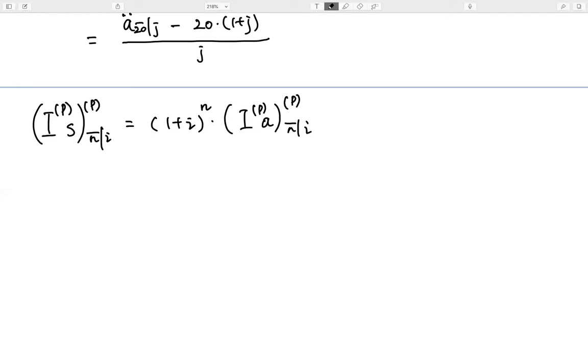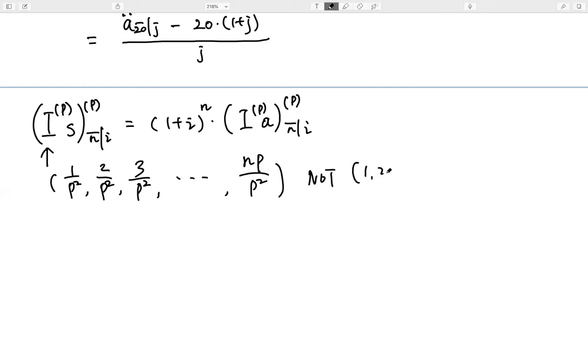One thing I need to mention is the payments sequence for this is 1 over P squared, 2 over P squared, 3 over P squared, all the way to NP over P squared. Okay, it is not 1, 2, 3, 4 all the way to NP.